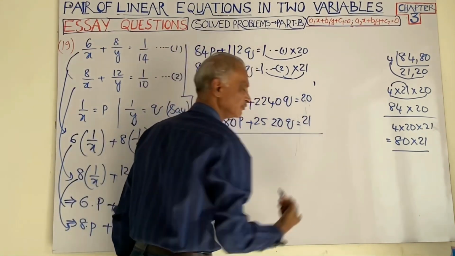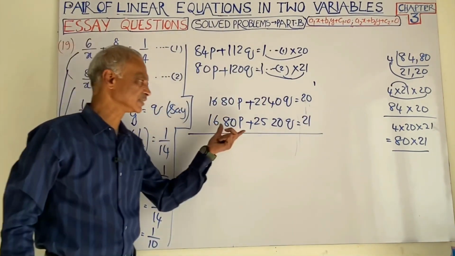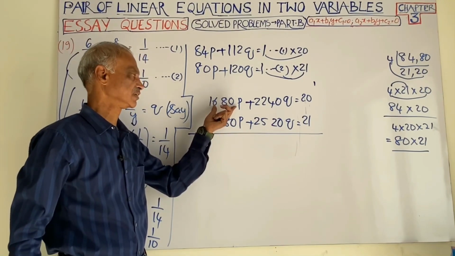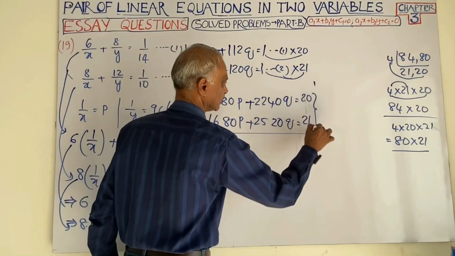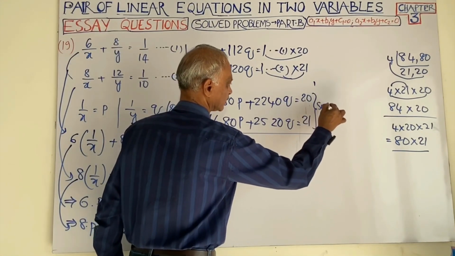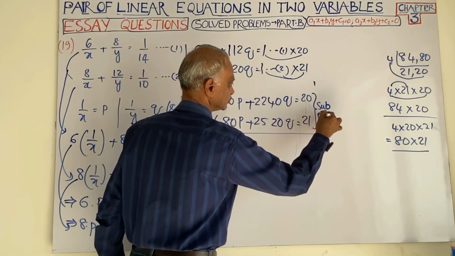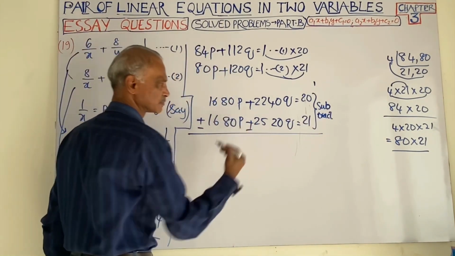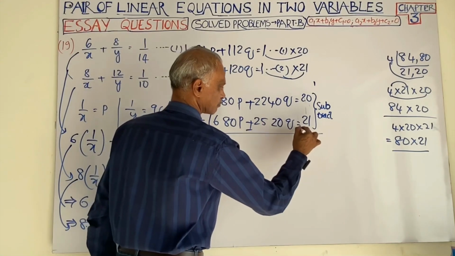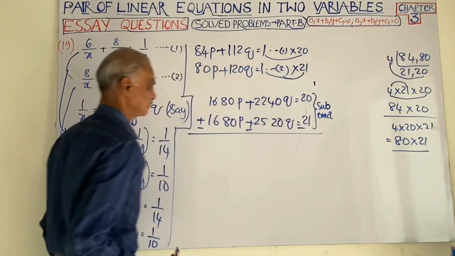Now we have to solve these two equations. Subtract this equation from this equation. You see, plus becomes minus. Subtracting. You have to subtract. Plus becomes minus.